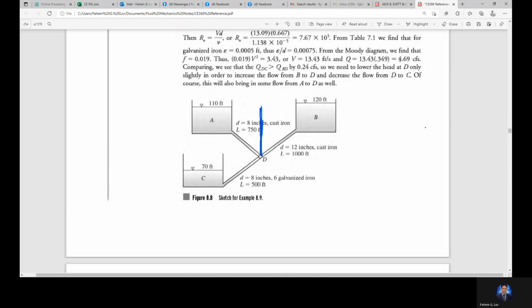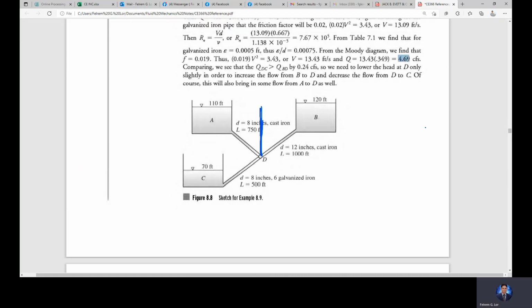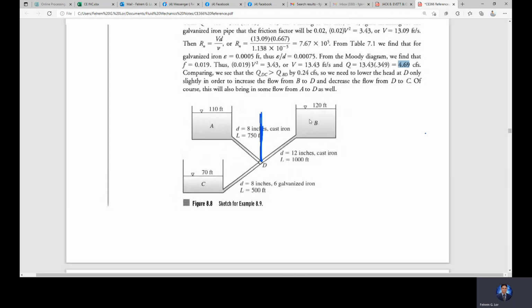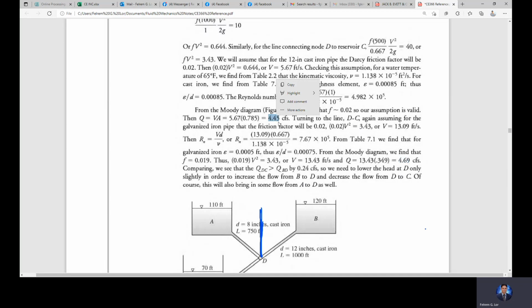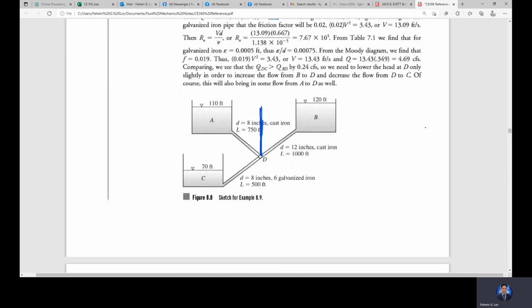CD is 4.69 cubic feet per second. Ang BD is 4.45. So we see that according to the book, it says that QDC is greater than QBD.